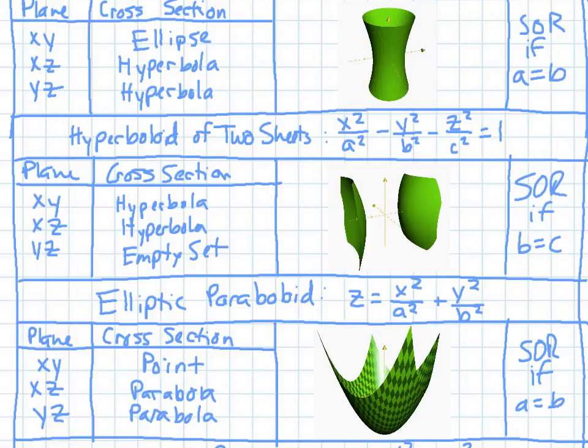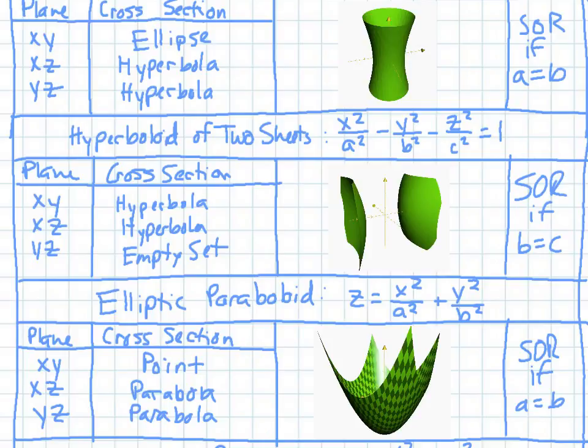It's not a bowl shape because the edges are kind of truncated, if you will, and so that's why it looks like that, because it can't show everything. So then you have two hyperbolas here as well, but then in the YZ plane there's nothing, so it's an empty set, so that means it breaks.